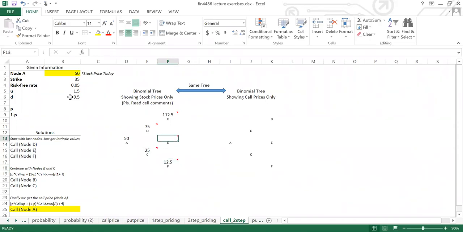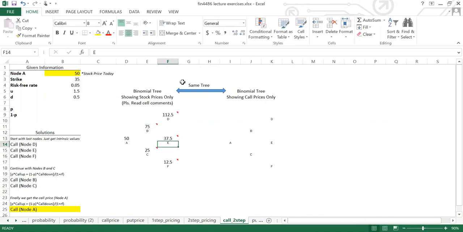Now, in the case of node E, we can get it in two different ways. We would get to the same value. We either multiply this 75 in node B by down, so we multiply this by 0.5.